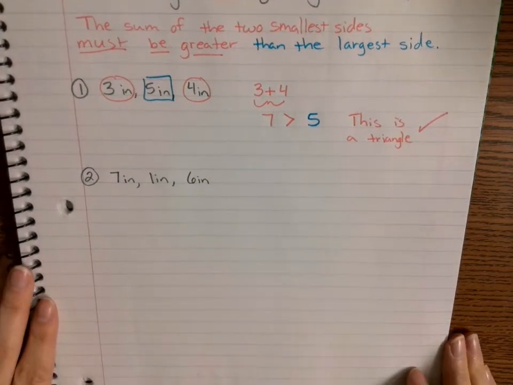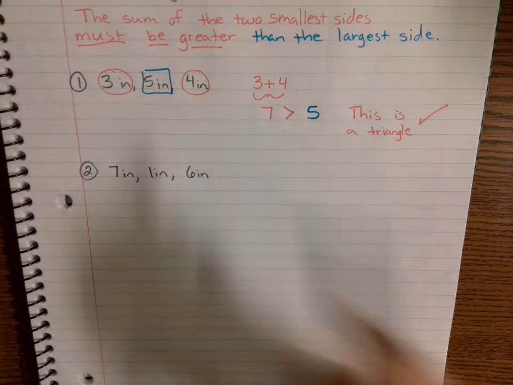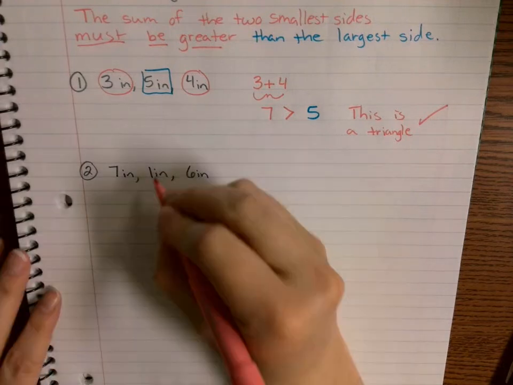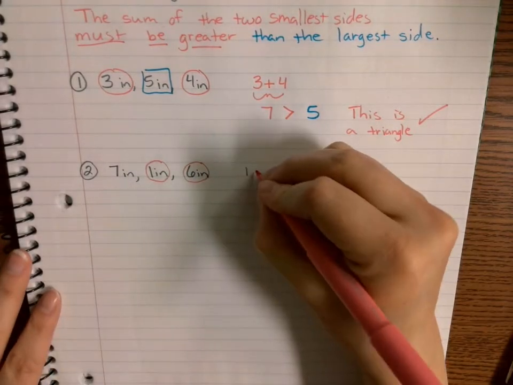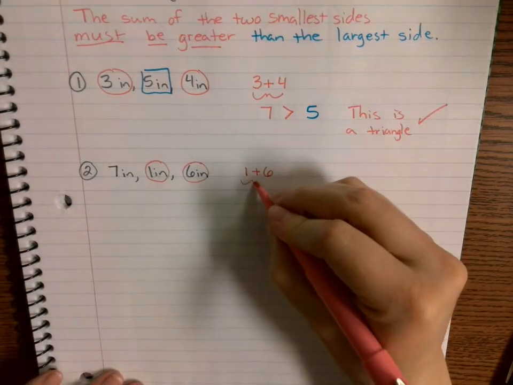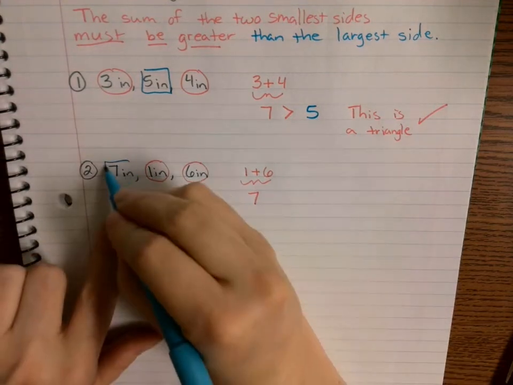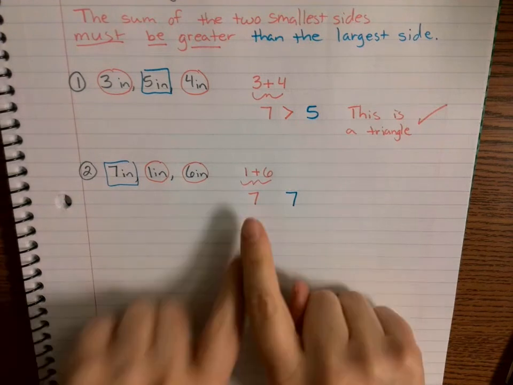Okay, I have 7 inches, 1 inch, and 6 inches. What are my two smallest values? 1 and 6. I'm going to add them together. 1 plus 6 is going to create 7. So I want to compare that with my largest side. Is 7 greater than 7?